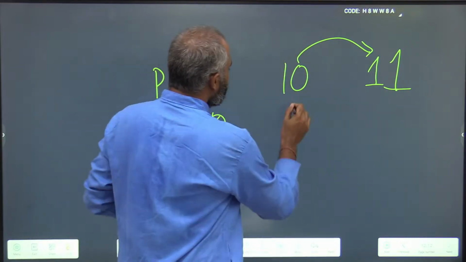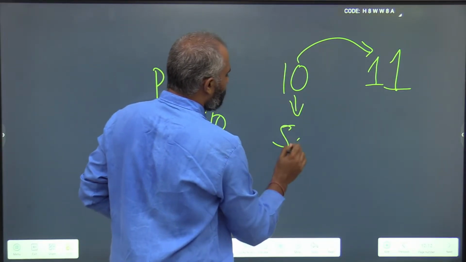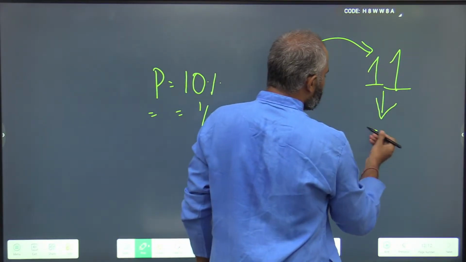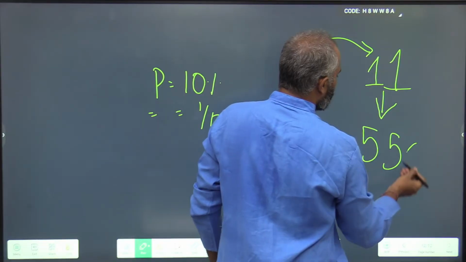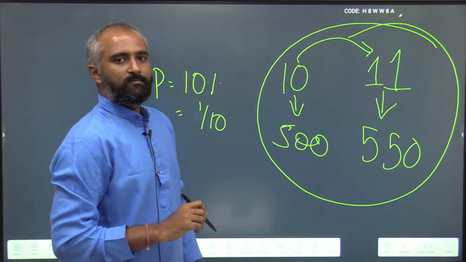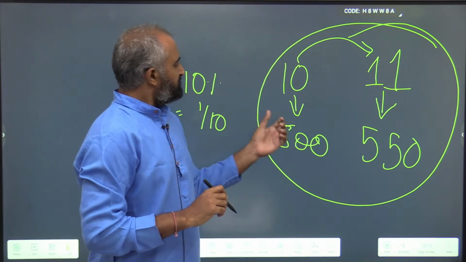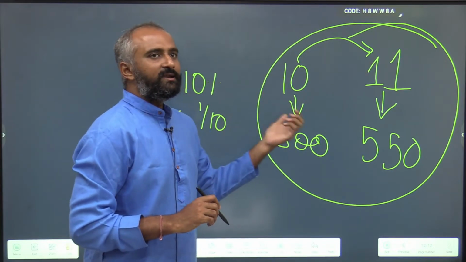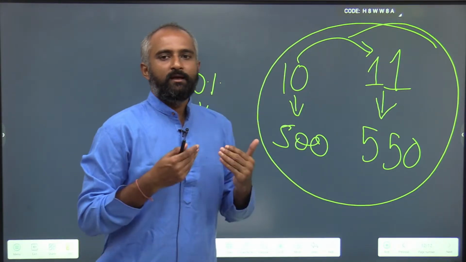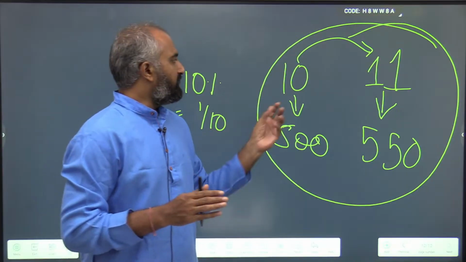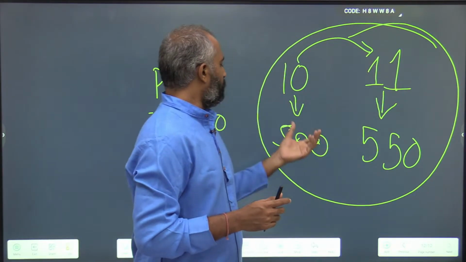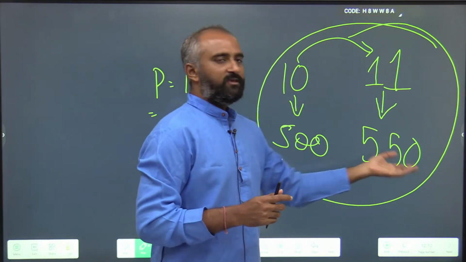If this 10 units is 500, what is my 11 units? It is 550. You see how simple this is? Just by thinking in terms of fundamentals, what is a profit? A profit is nothing but a part of cost price only, a part of cost price that I am gaining. So cost price plus gain gives you this.